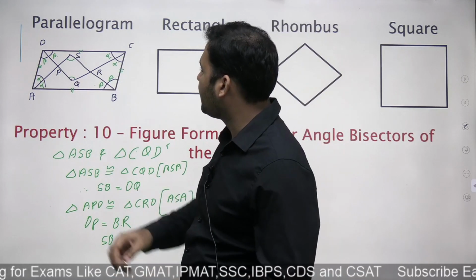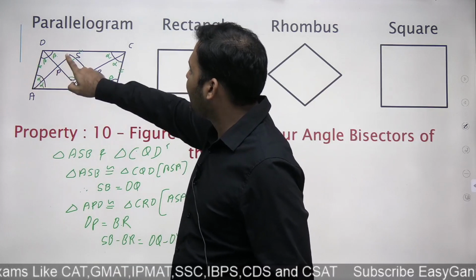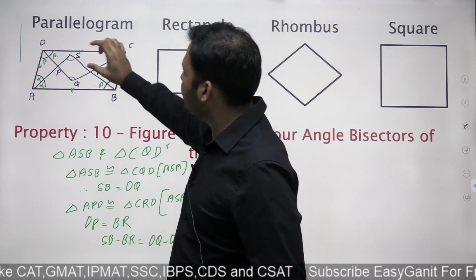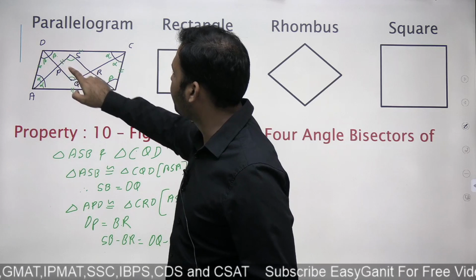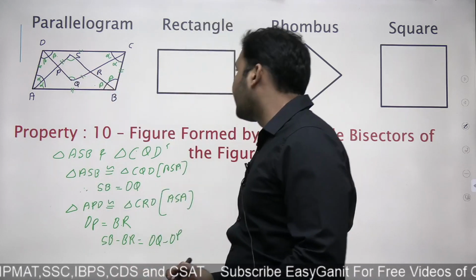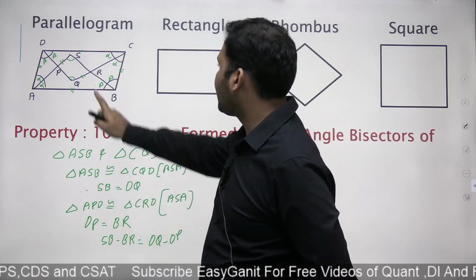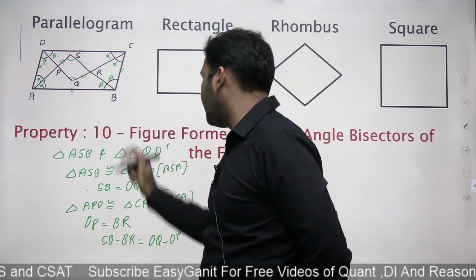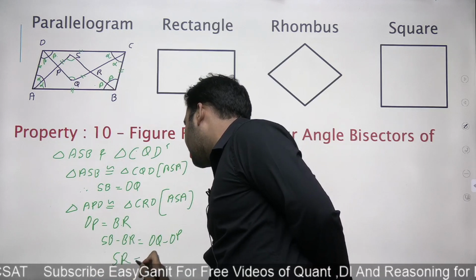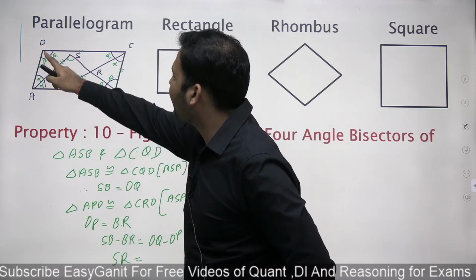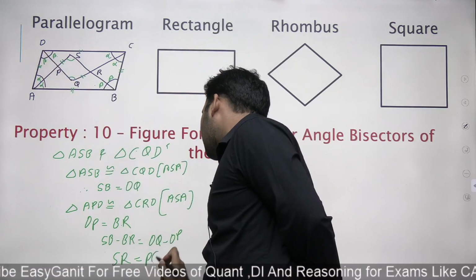So see what I'm doing is, this whole length is the same as this whole length and this length is the same as this length. So can I say that both of these two lengths will be equal? Can I say that, now in this case SB minus BR will be SR, and that will be the same as DQ minus DP, that is PQ. SR is the same as PQ.